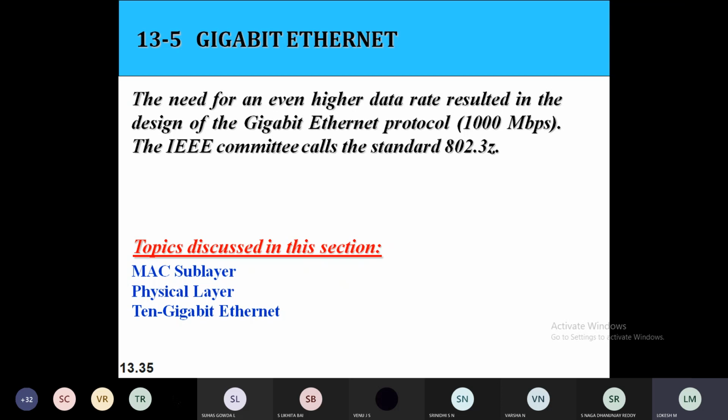The IEEE standard committee calls the standard 802.3z. Okay, 802.3, 802.3u, and 802.3z. This is the code for gigabit Ethernet. Okay, here we are going to discuss MAC sublayer, physical layer, and 10 gigabit Ethernet.